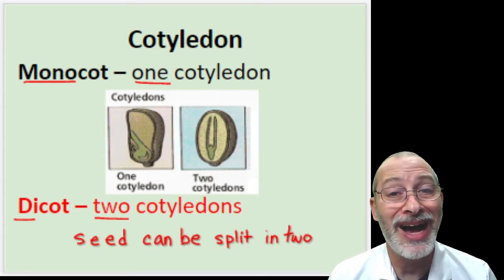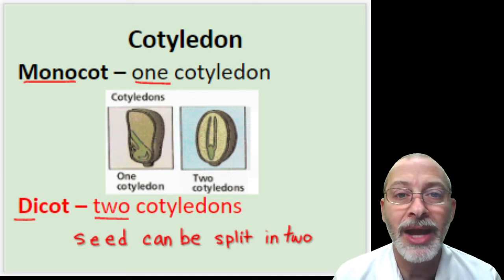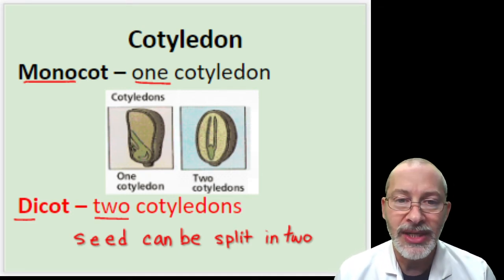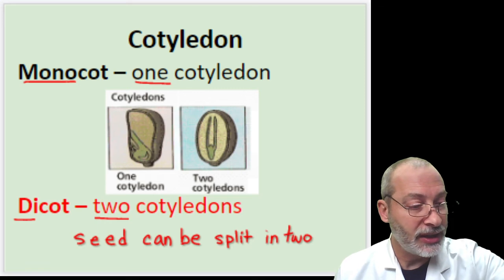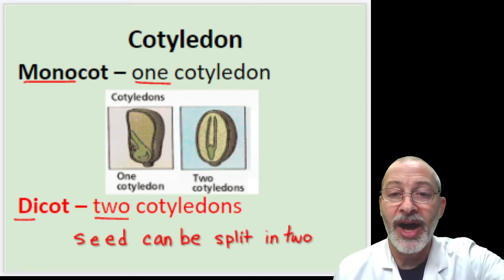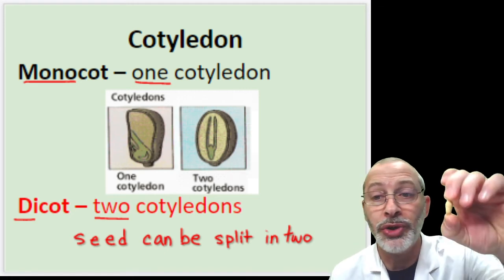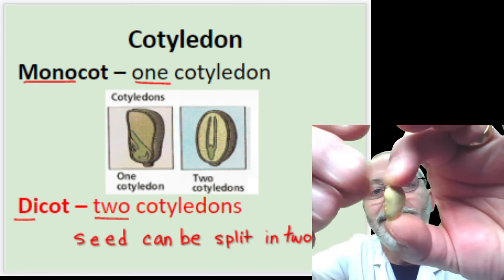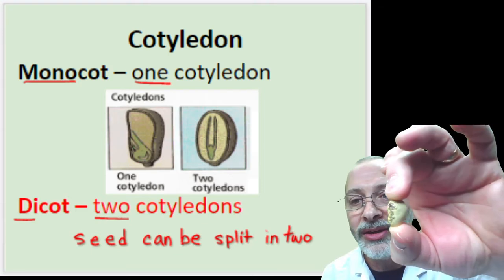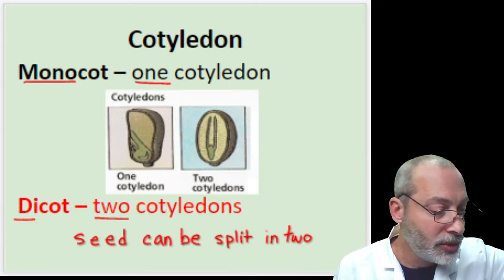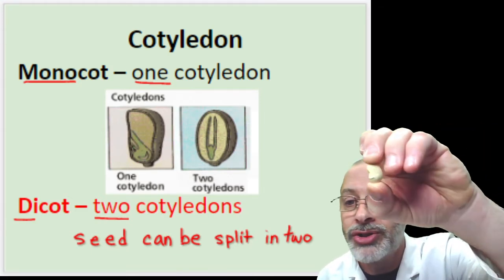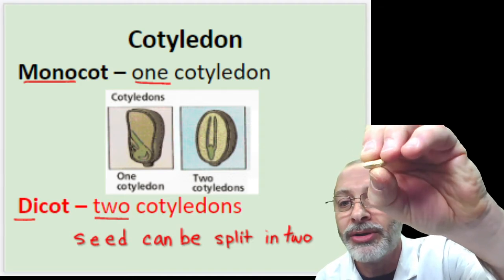So a dicot, which is short for dicotyledon, means that a seed has 2 cotyledons and it can be divided or split in 2. The other seed that I showed you, this bean seed here, it's almost too green, and the green screen effects are kind of crazy here.